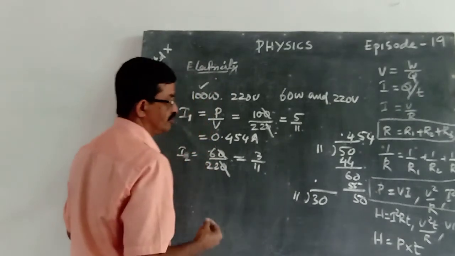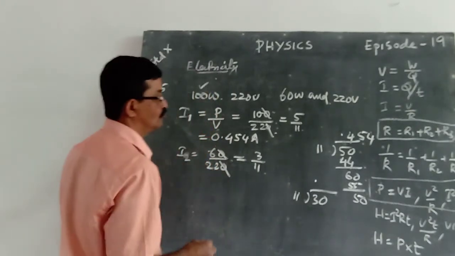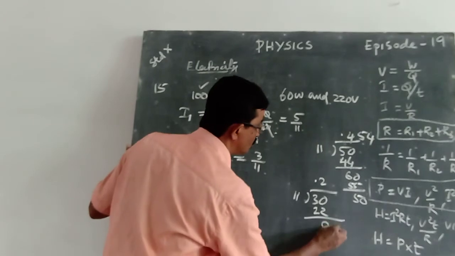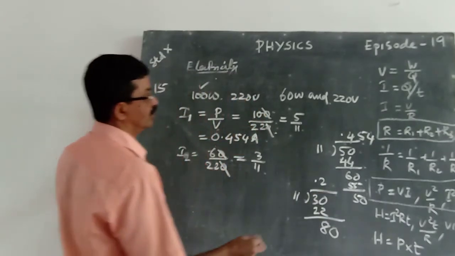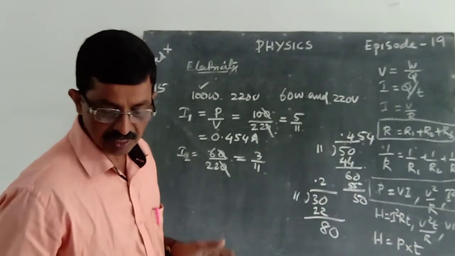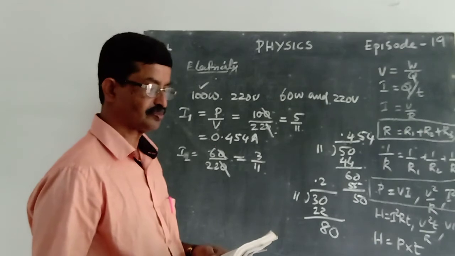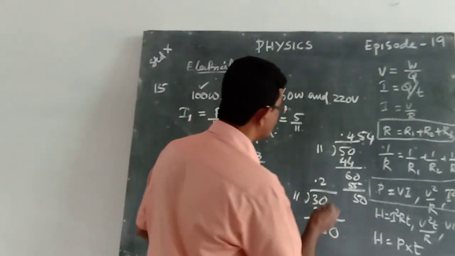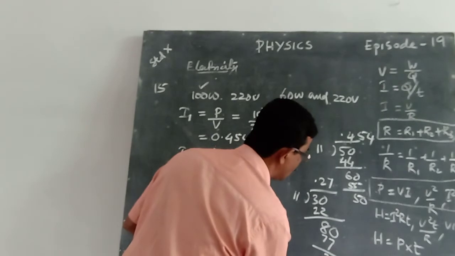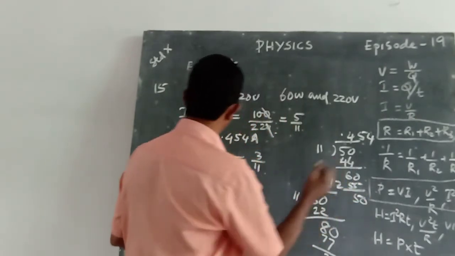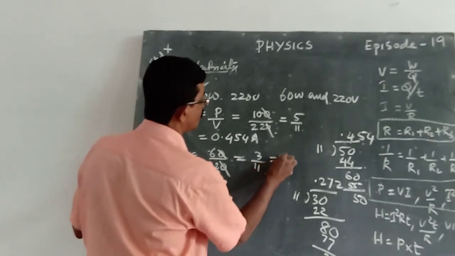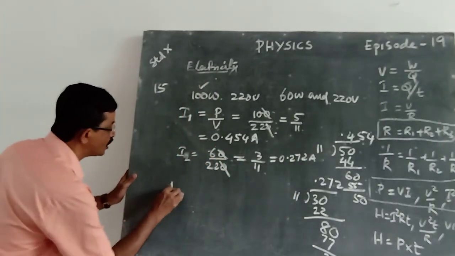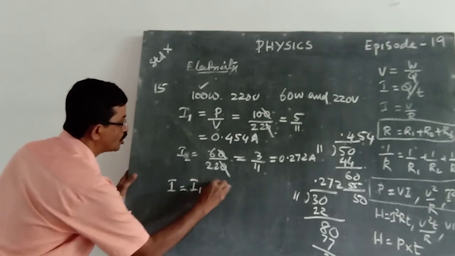Dividing, 11 times 2 is 22, 11 times 7 is 77, so I2 is equal to 0.272 ampere.